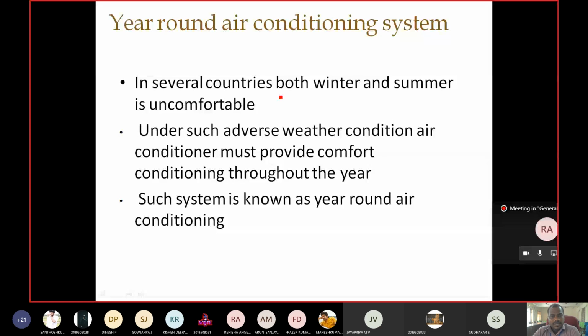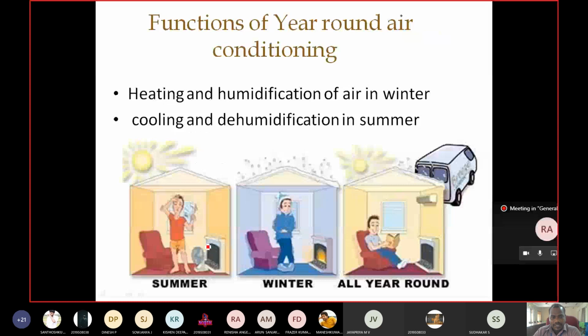So in summer we need to give conditioned air with cooling and dehumidification, and in winter we need to give heating and humidification. So we need to control heating and cooling, humidification and dehumidification through the year.